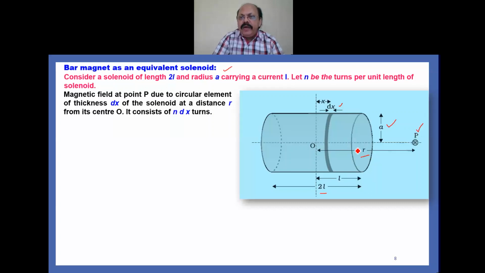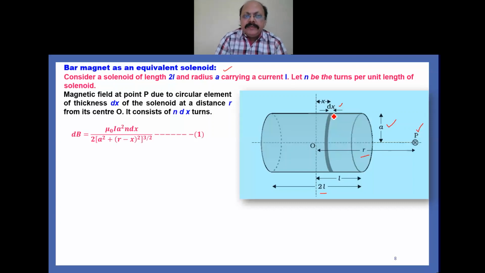Then we first find the magnetic field at point P due to a small circular element of thickness dx, and after that we sum all the small magnetic fields due to the small circular elements of thickness dx. That is, we integrate it. Then we get the total magnetic field at point P due to the entire solenoid. So let us see here.